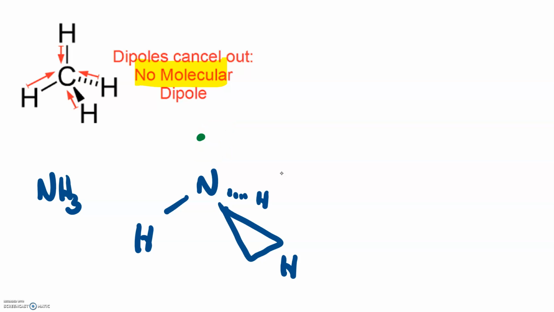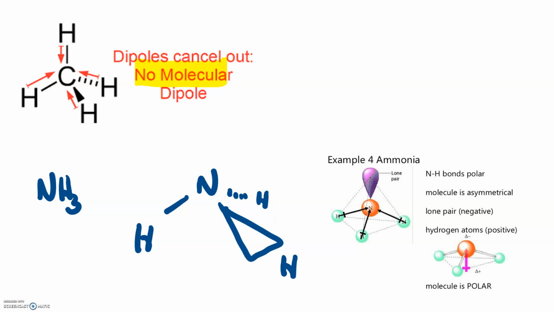And so if we were to draw the polarity for ammonia, it would look like this. Notice how we ignore the lone pair, and that makes this molecule asymmetrical.